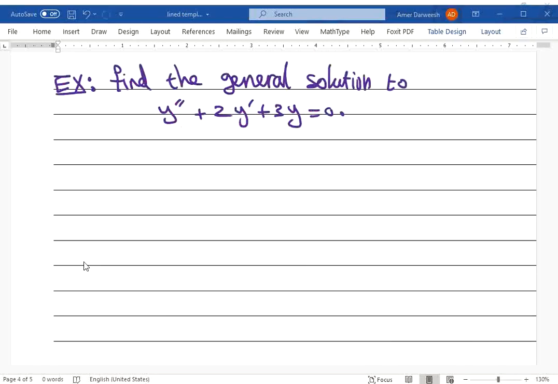The first example: find the general solution to the equation y double prime plus 2y prime plus 3y equals 0. إذا خلينا نبدأ بالauxiliary equation.